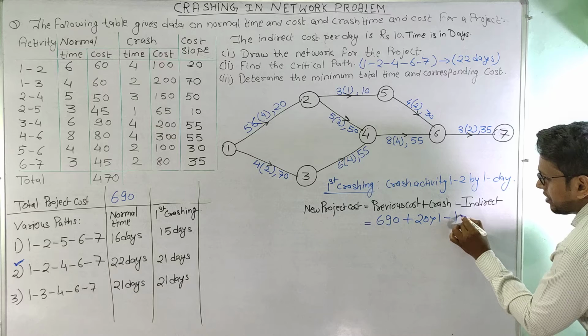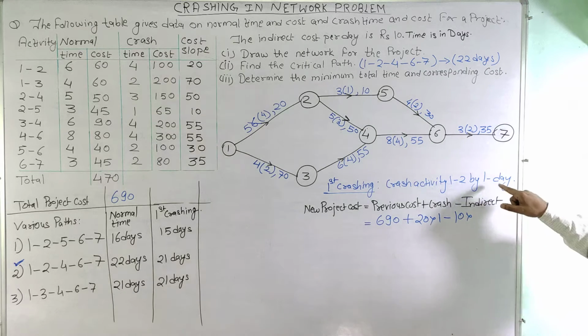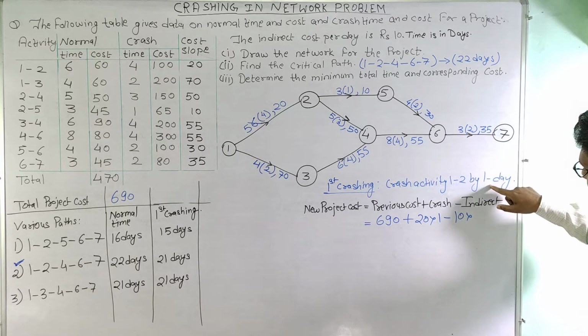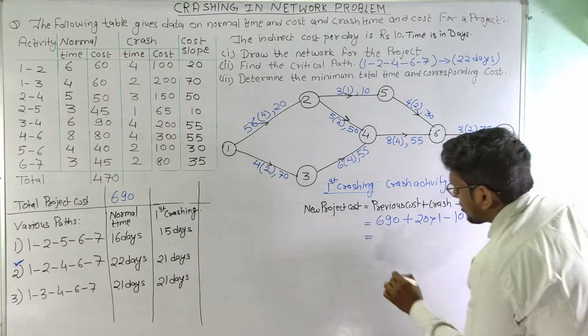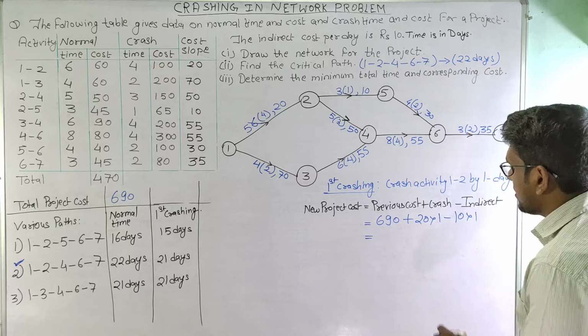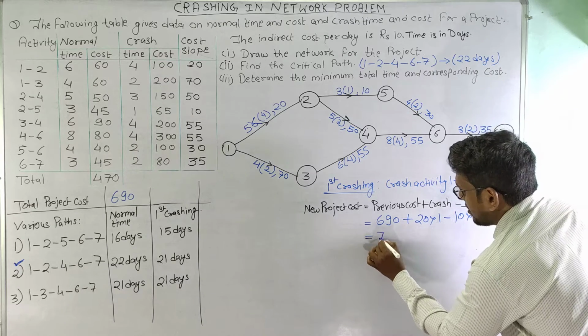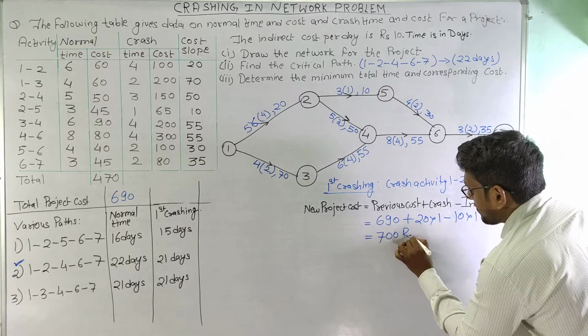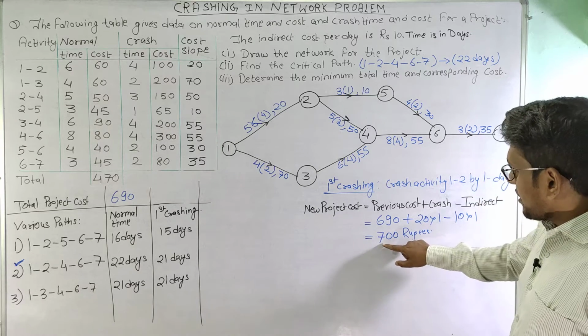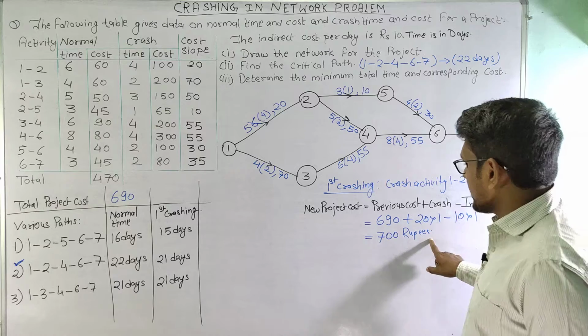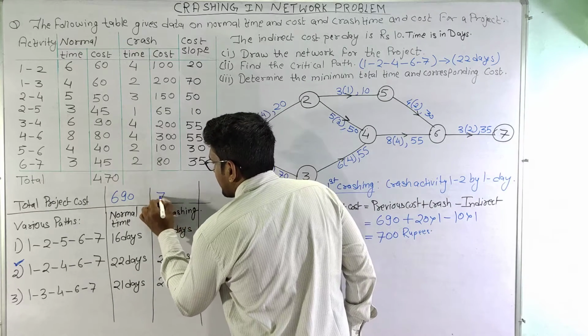So 10 multiplied by the activity crashed by number of days. So activity is crashed by 1 day. So this is 1. As a result, the total cost will change up to 700 here, 700 rupees. So now after first crashing, the total project cost is 700.